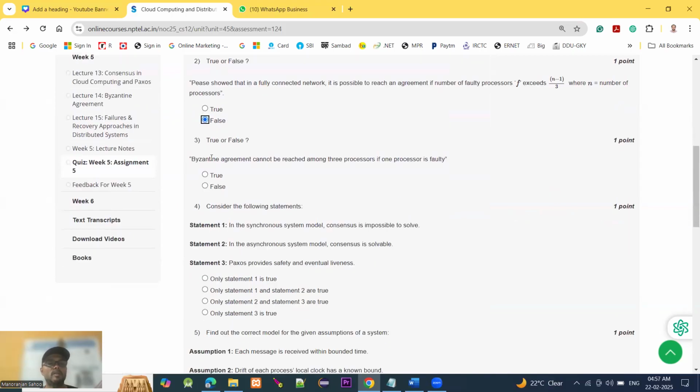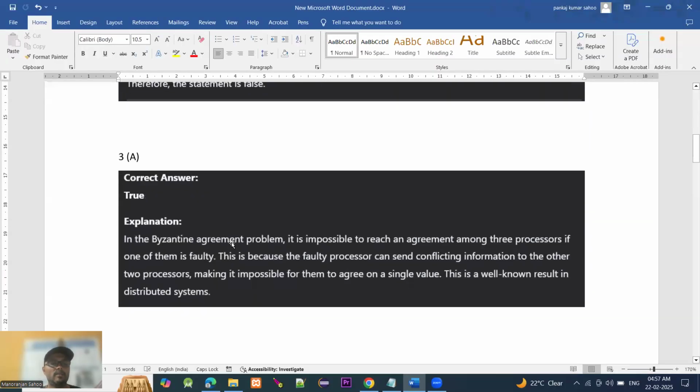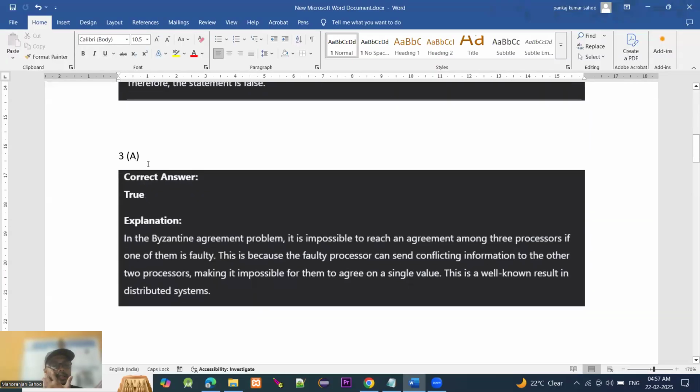Moving to question number 3, once again true or false. Byzantine agreement cannot be reached among 3 processors if one processor is faulty. This is definitely a true statement, 3A. In the Byzantine agreement problem, it is impossible to reach agreement among 3 processors if one of them is faulty.